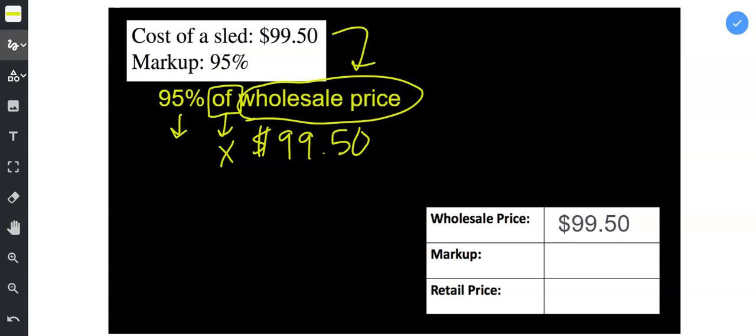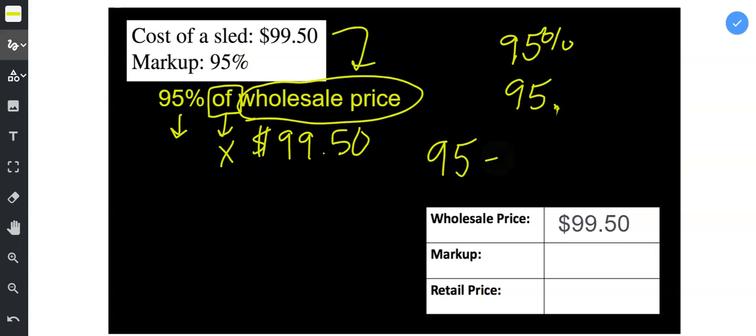And then we also need to change the 95% to a decimal. You cannot multiply when it's in percent form. You have to change the percent to a decimal. So I'm going to come over here to the side and I'll write 95%. Step 1 is to get rid of the percent sign. Then I need to record where the decimal is located. The decimal is located on the far right.